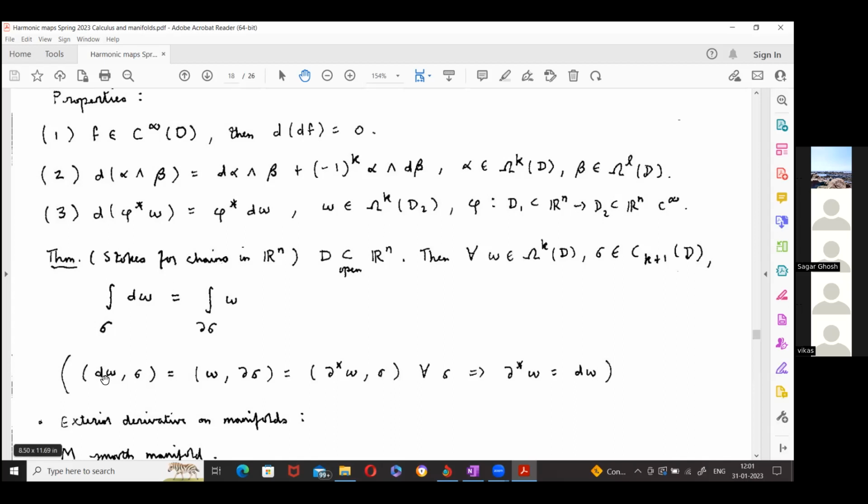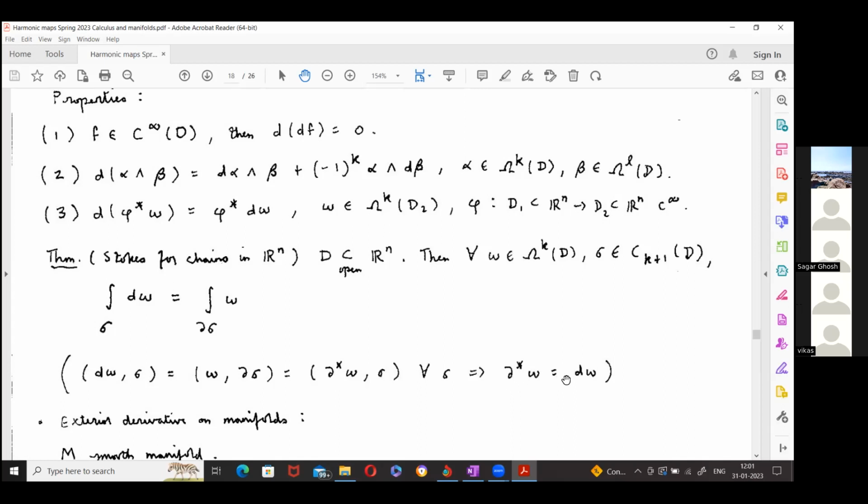So that means the pairing between d omega and sigma is the same as the pairing between del star omega and sigma. This is true for all sigma. That means that these two dual elements, d omega and del star omega, are the same, right? Okay, so that means that del star is equal to d.